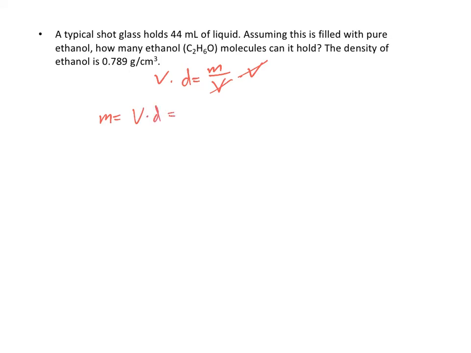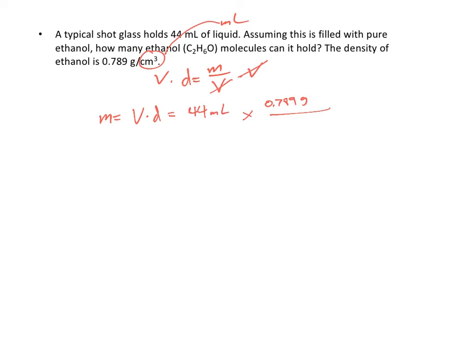The reason I like to rearrange is because it makes the dimensional analysis easier. So I have my 44 milliliters times 0.789 grams. Remember, a centimeter cubed is a milliliter. They're the same thing. So if they gave me the density as 0.789 grams per centimeter cubed, they also gave me the density as 0.789 grams per milliliter.